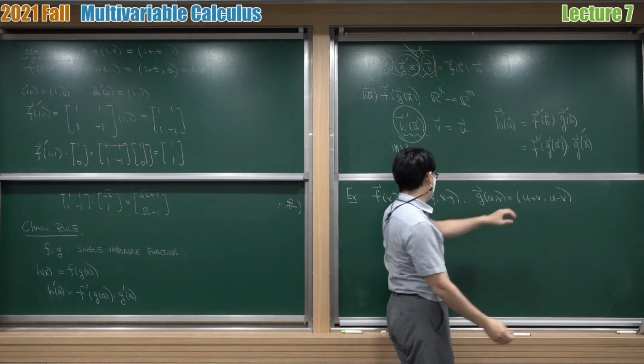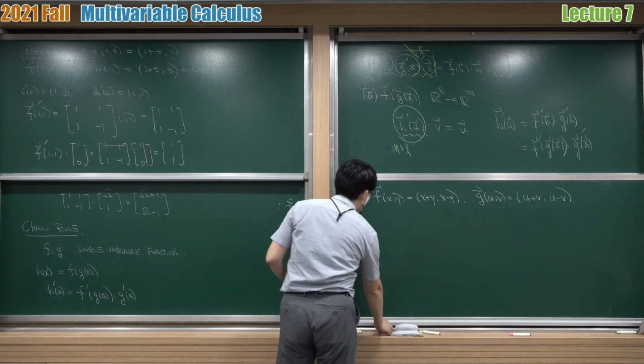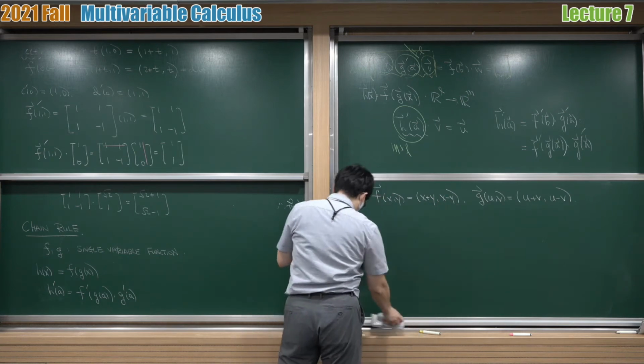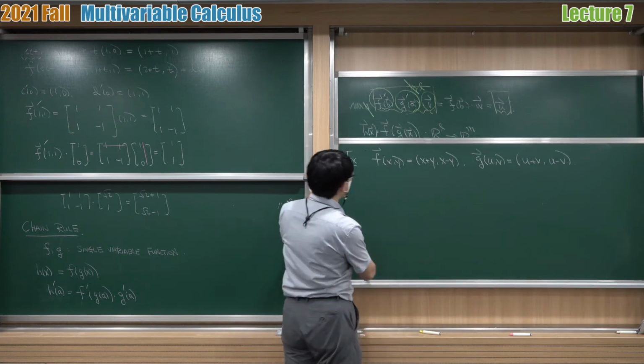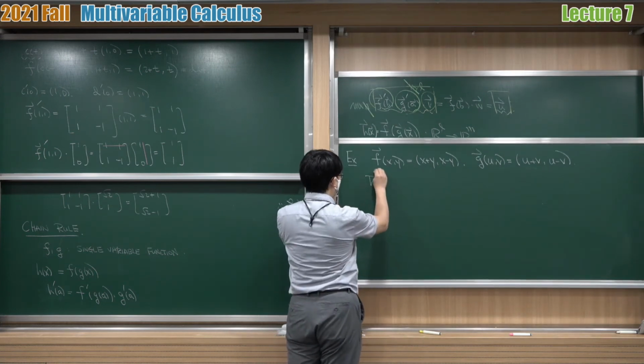Let's see what happens when you composite these two types of functions. It's the same formula, but when you composite these two, it will be different. So let's think about H prime.